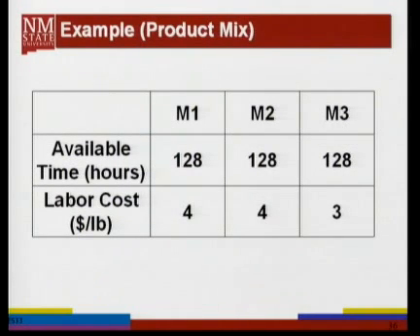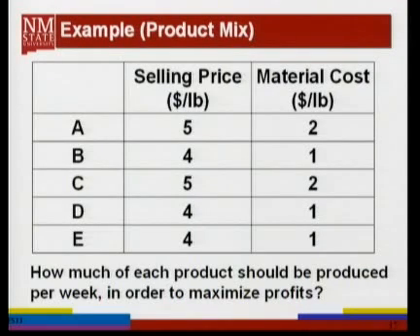Any amount that is produced can be sold, we just assume. And we are given the selling price and material cost like this. We'd like to determine how many of each product should be manufactured to maximize the profits.